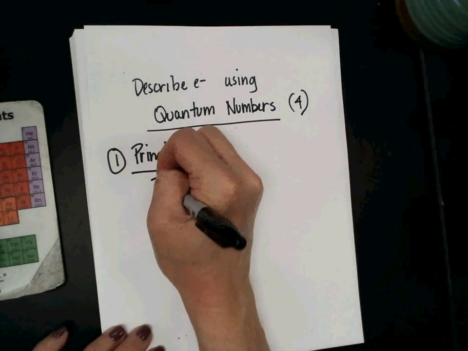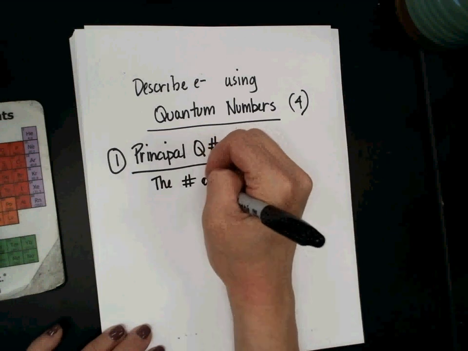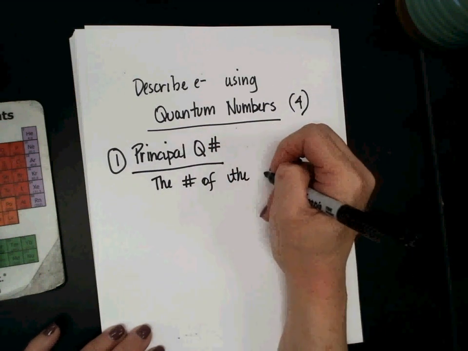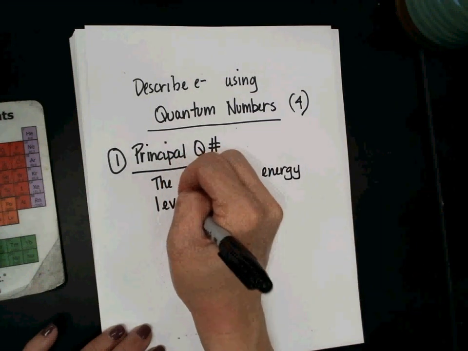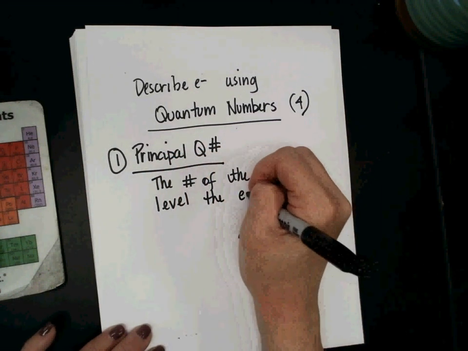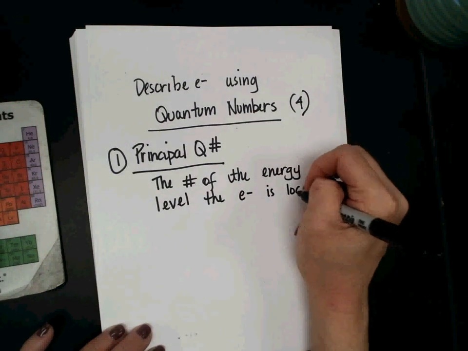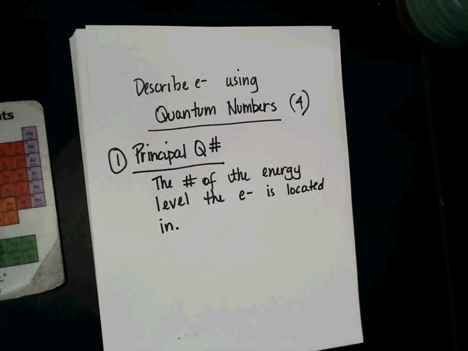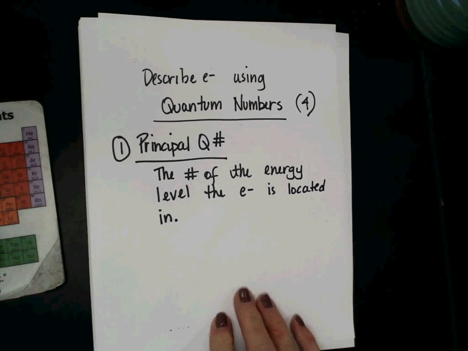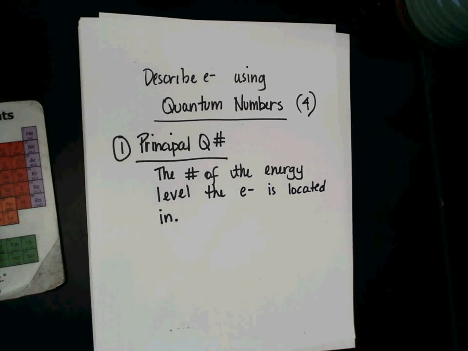Okay, so principal quantum number tells me the number of the energy level the electron is located in. Now see if you can remember this.